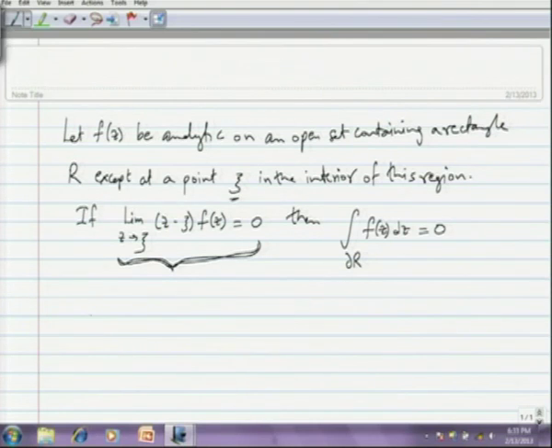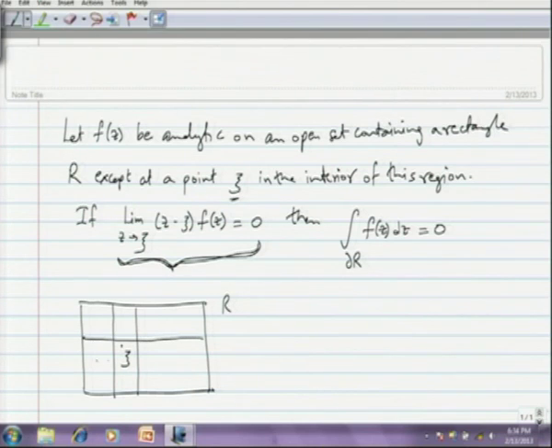Okay. So, here is the schematic. Here is the rectangular region R, and then there is this special point zeta which is in the interior of R. Okay. So, what we do is subdivide this rectangle into further rectangles and consider a small enough rectangle around the special point zeta. We will use contour integration on the boundary of R in the counterclockwise direction.